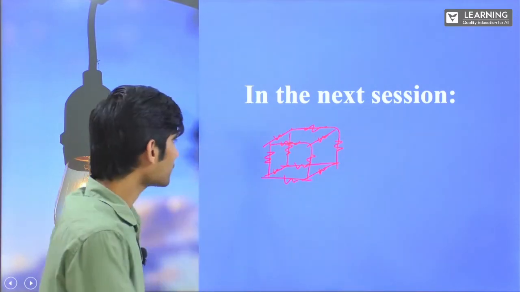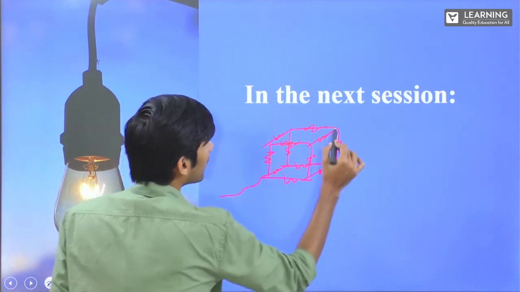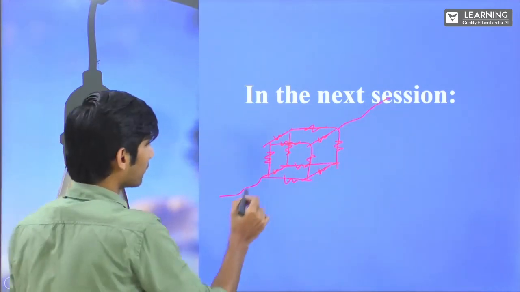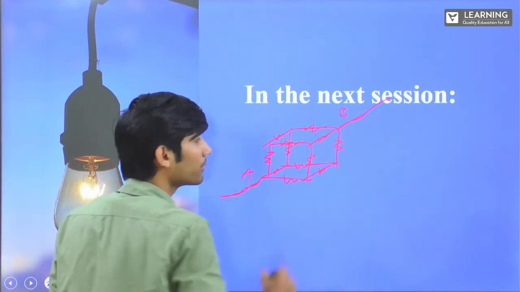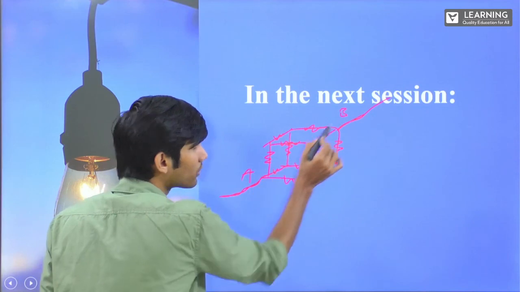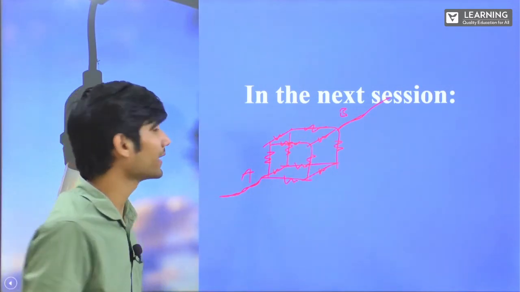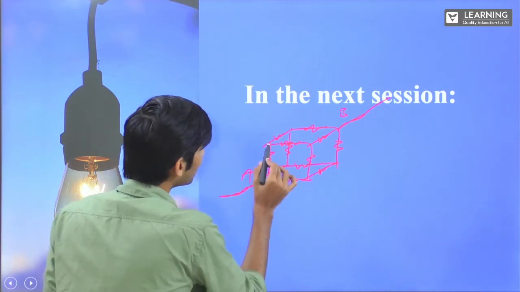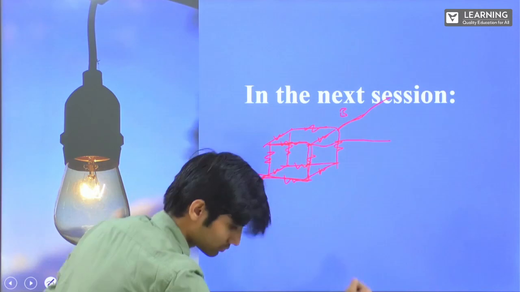Okay. Here in this cube, there will be again three things. One, along the body diagonal. One point is this, one point is this. This will be A, this will be B. This will be the body diagonal, the diagonal which passes through the body. In chemistry, you would have seen body diagonal, face diagonal, right? Face diagonal means this is one face, and along this only they will tell you.